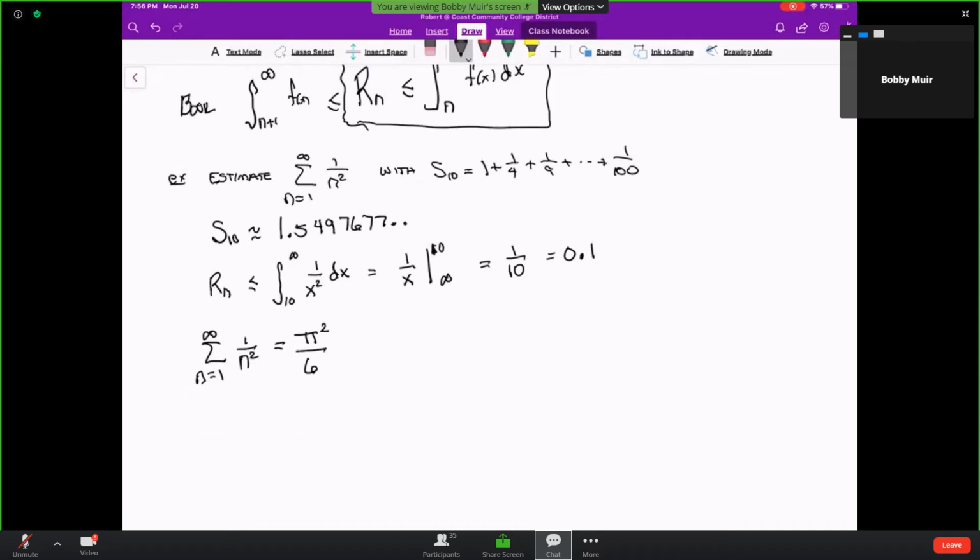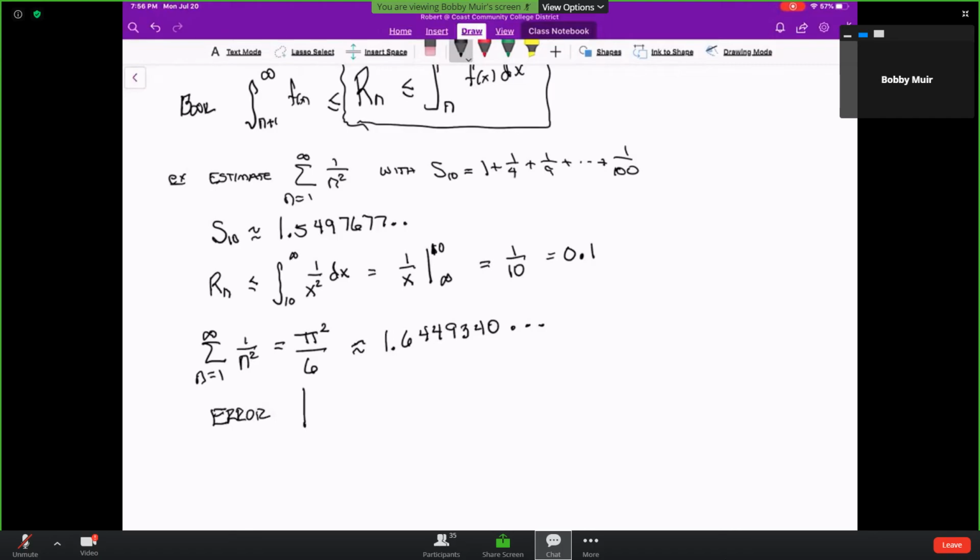If I take pi and square it, I get 9.86, then divide by 6, and what I get is 1.6449340.